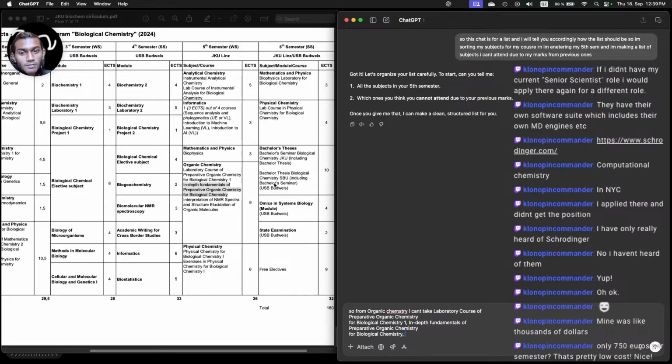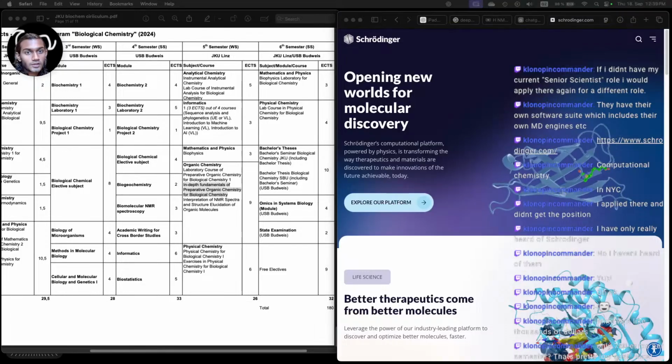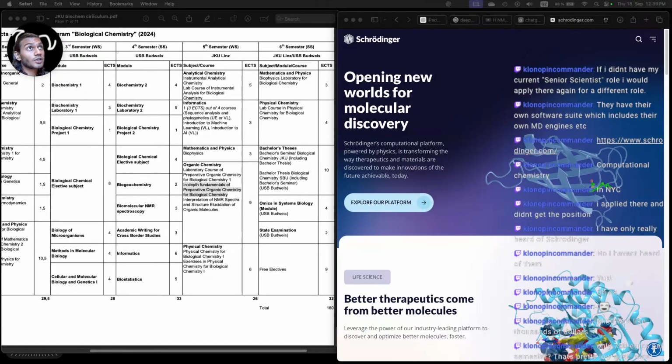If I didn't have my current senior scientist role, I would apply there for a different role. I mean, it would be really cool to work in an environment that has their own stuff, right? That would be cool. Yeah, me too. I'm also looking into Colossal Bioscience. I'm actually interested in what they are doing. How do they do these?